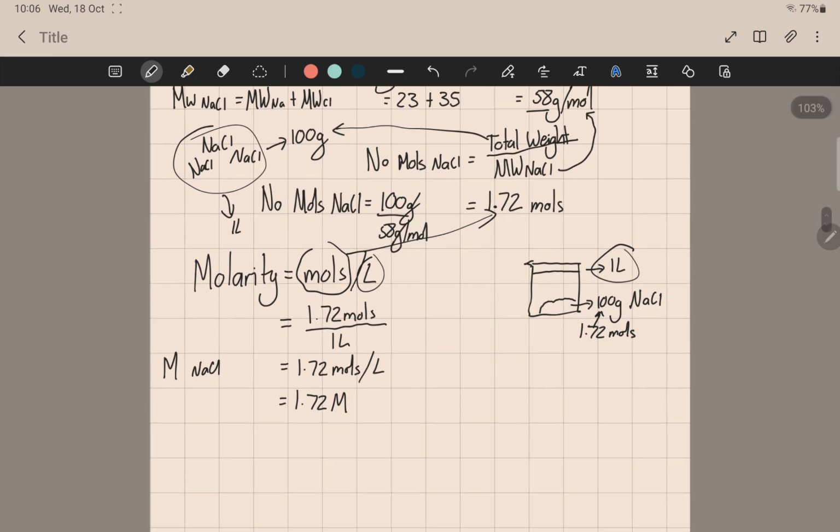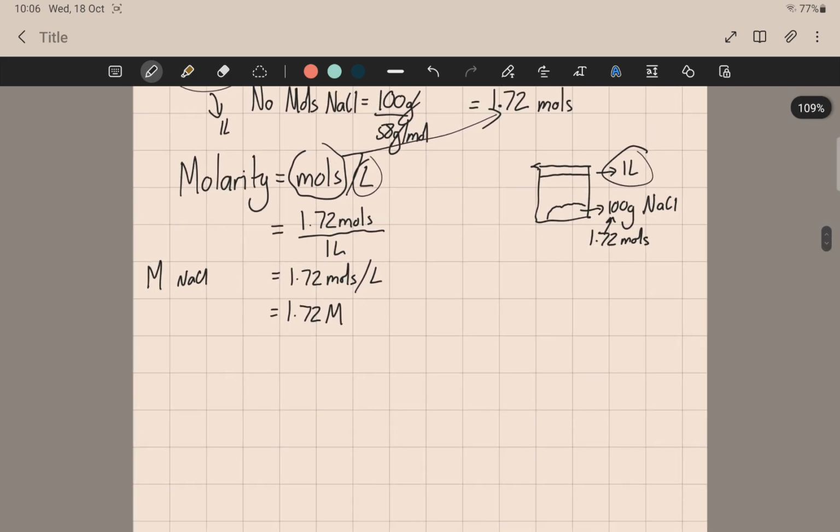But what if we look at a more complicated situation? So let's say we have a beaker, again, and we've got our 100 grams of sodium chloride sitting in there. But what if there's only 500 mL, or 0.5 liters of water? We do exactly the same thing, so we just plug those values into our equation.